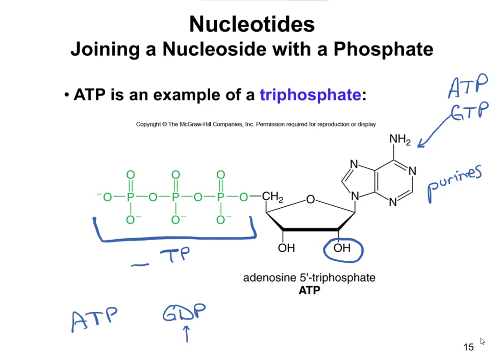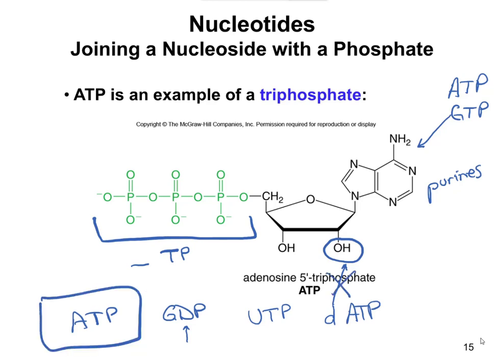And if another answer was, say, UTP, well, you would know that's wrong because a U would only have one ring because it's a pyrimidine. And let's say my other option was dATP. You would know that one is wrong because the D would mean that there's no oxygen there, so that has to be wrong. So for a multiple choice question, you should still be able to answer it and come up with ATP as an answer.